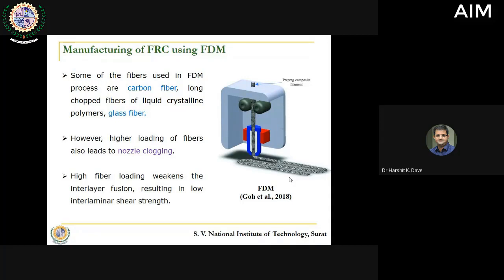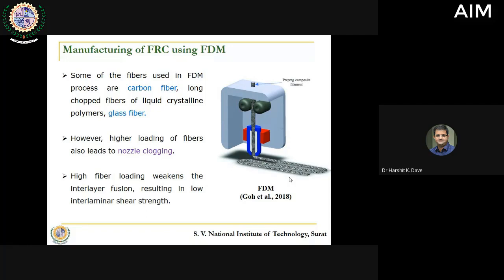That results initially in some sort of wear, and at some point, when the percentage concentration of these fibers is relatively higher, there are chances that the flow is hindered from the nozzle opening, resulting in clogging of such nozzles.